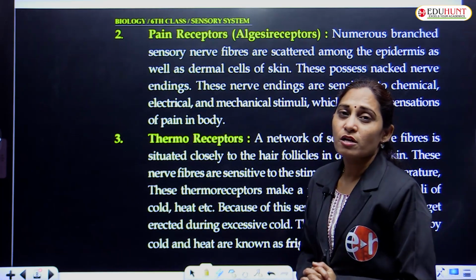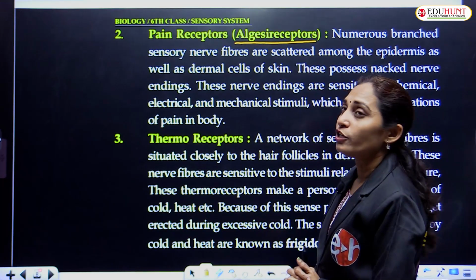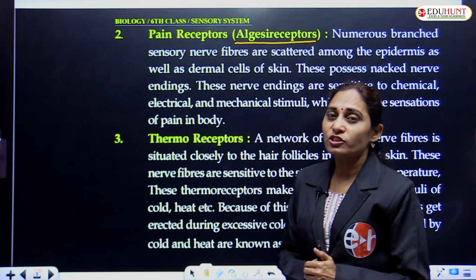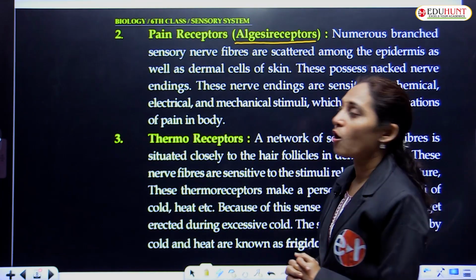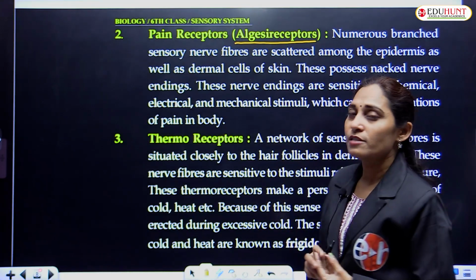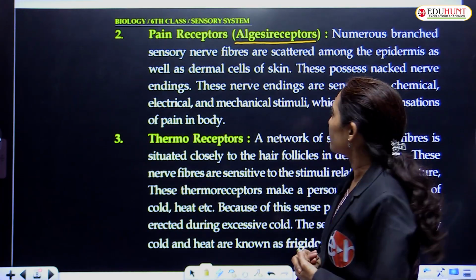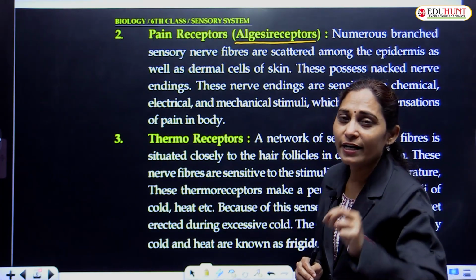Pain receptors are called Algesi receptors and numerous branched sensory nerve fibers are scattered among the skin and epidermis as well as in the dermal cells of the skin. And these receptors have naked nerve endings.